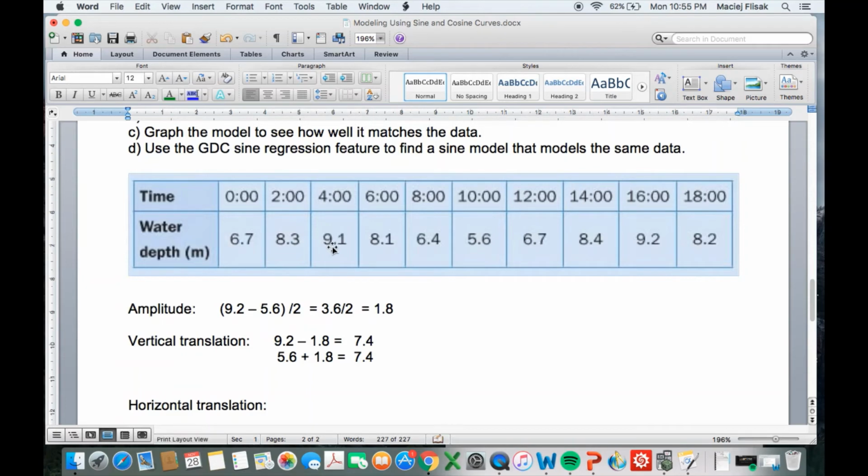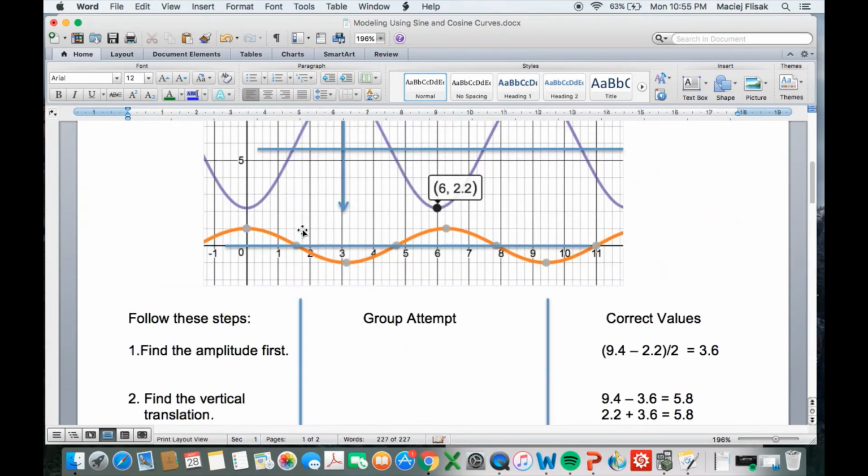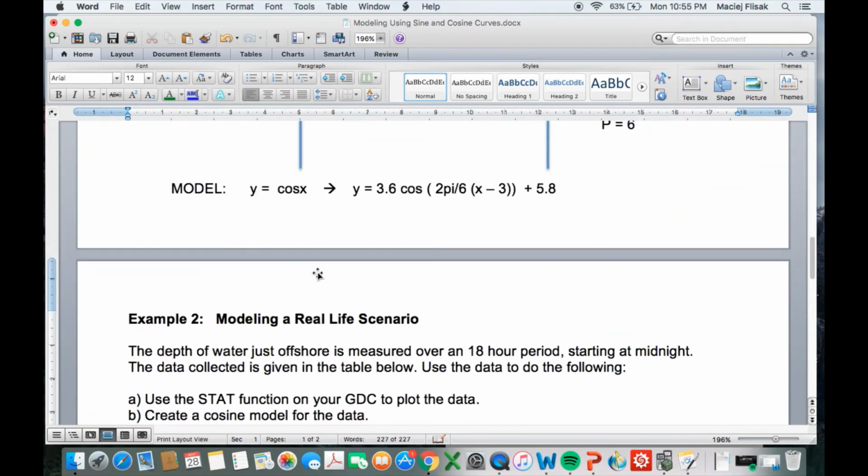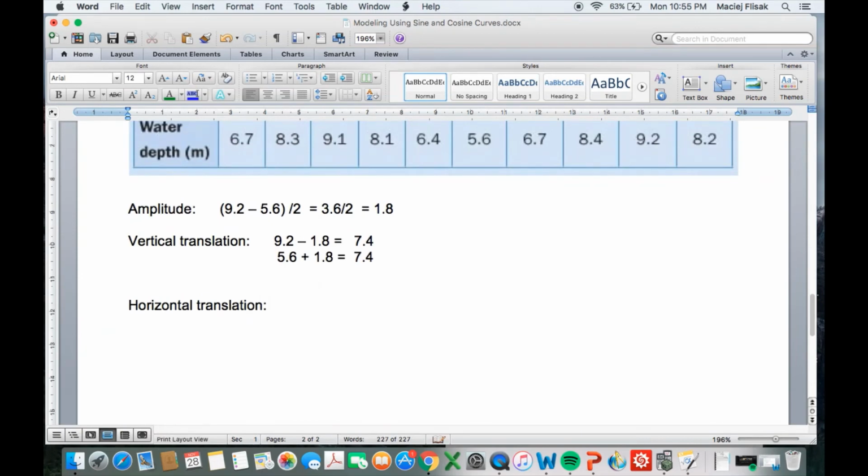So you can kind of see it's following the same path on its upward flow here as here. These ones are both off by 0.1, but that's very close. Real life data is never going to be perfect, but it's going to be close to this model we're going to create. So you could say 16, or you could say that this is your upper point, sort of the same as the 9.2. So that's only 4 away from the axis. All right, so again, the regular cosine was here, and now our upper point is 4 away, so it must be a horizontal translation of 4.